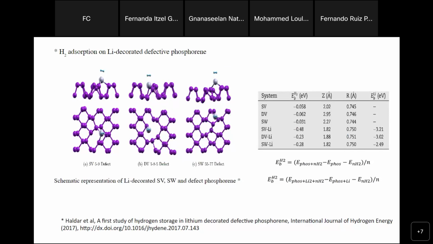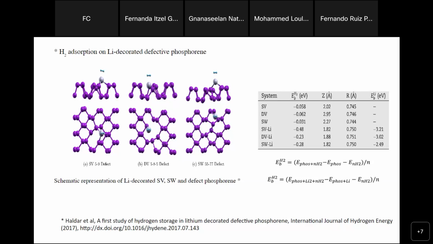We can see from this table that for the non-decorated system, the binding energies are very low and they don't meet the appropriate values of binding energy, while when the system is decorated by Li atoms, the binding energies show a significant increase.